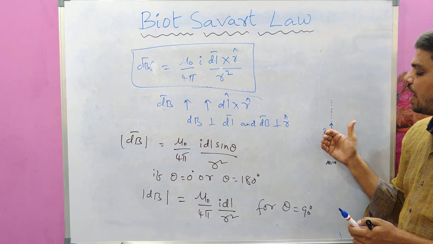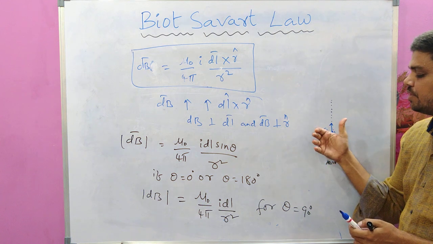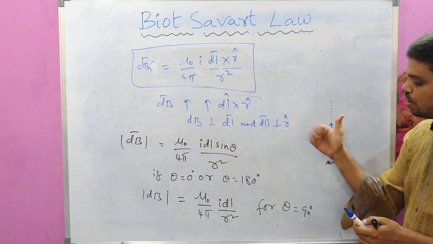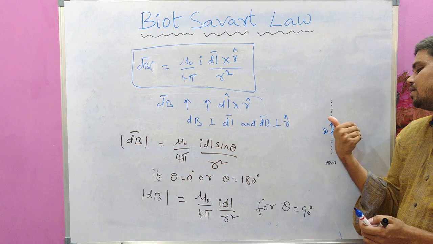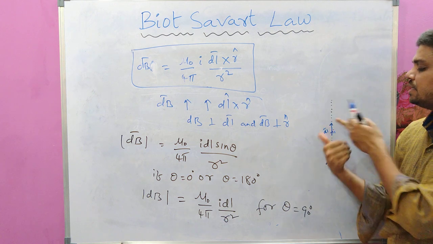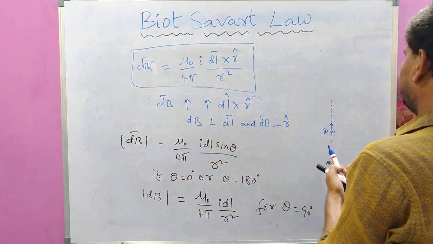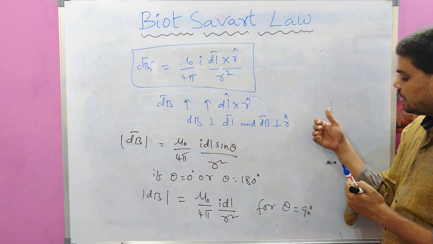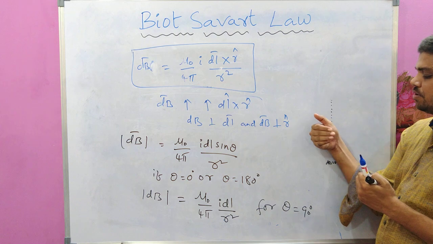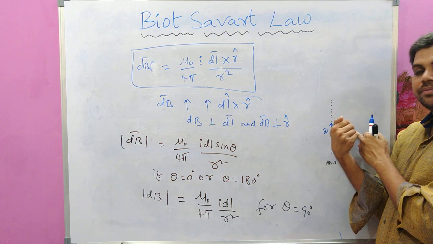If you see on the right side of this element, the fingers are entering this board. This is left side, this is right of this element, and from the left side they are coming out, and on the right side they are entering.